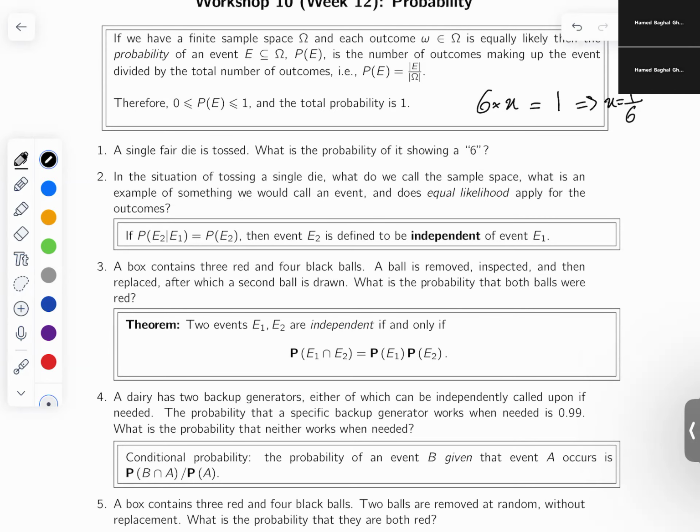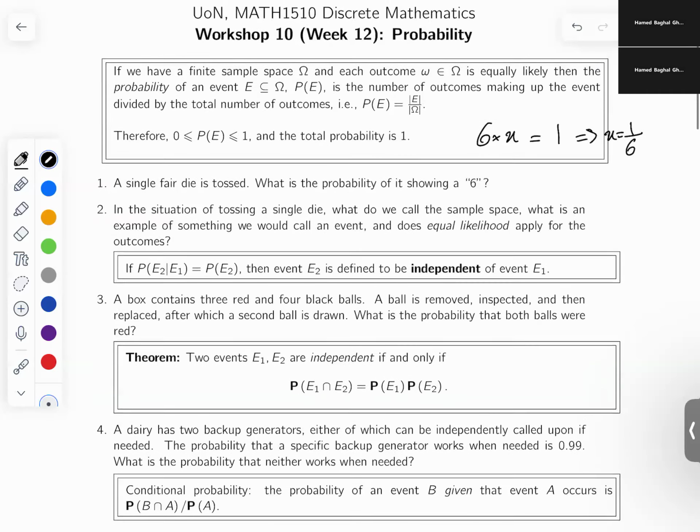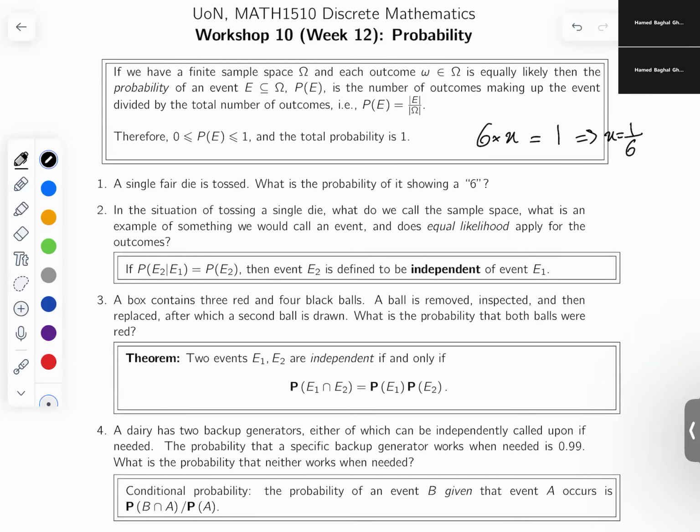Question two, event desired. I'm not sure about this question, what it wants. Okay, so let's look at this one. Probability of E2 given E1 is equal to E2.